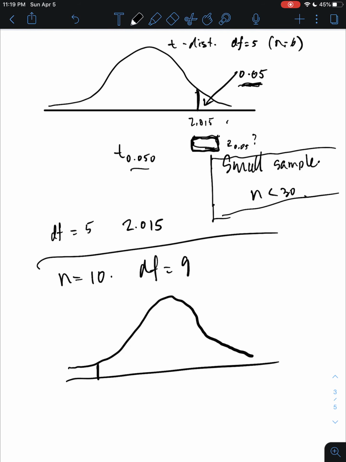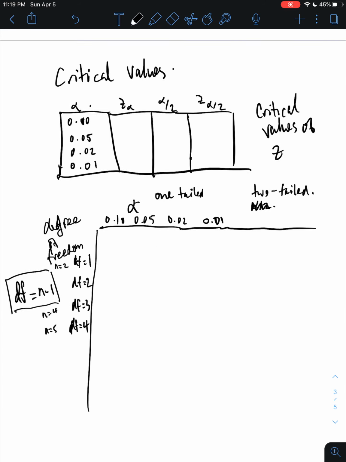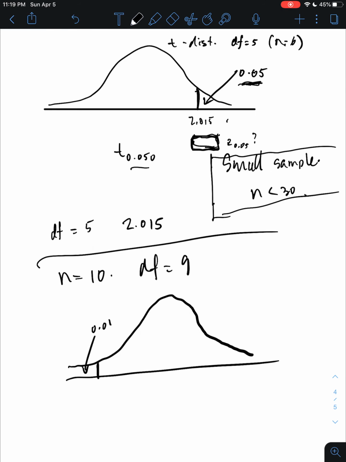Okay, so I want, in this case, 1% to the left. Here t is 0, this is the symmetry point. Our table gives me at 1% 2.821. So df is 9. I'm looking for t at 1%.